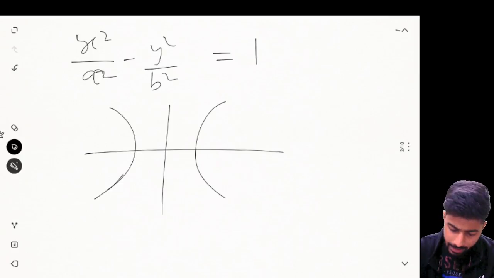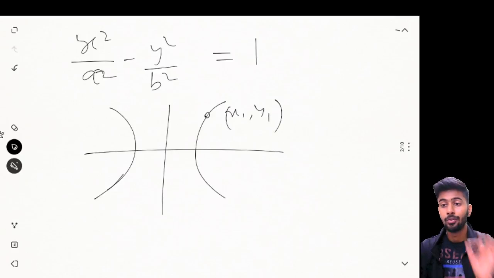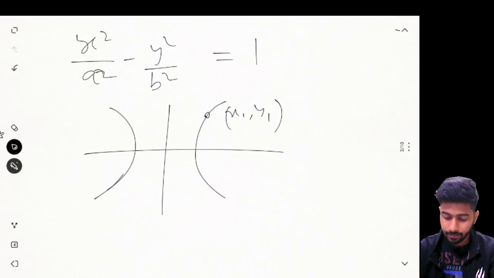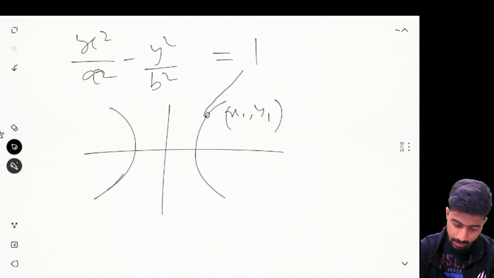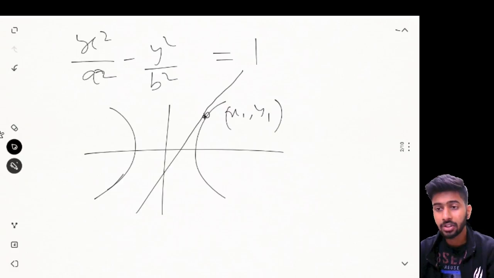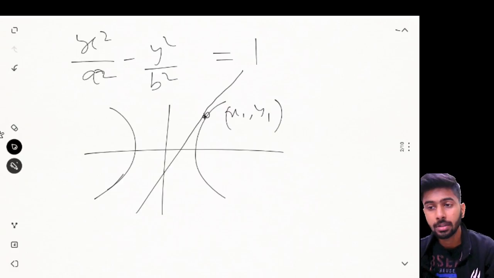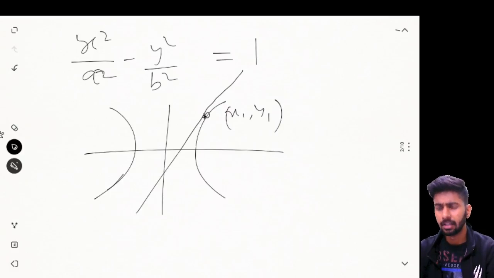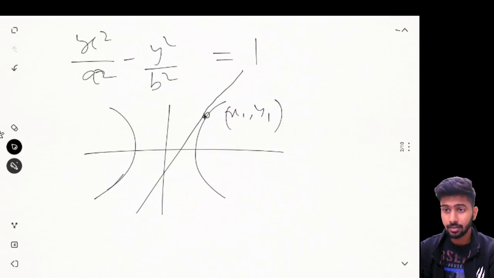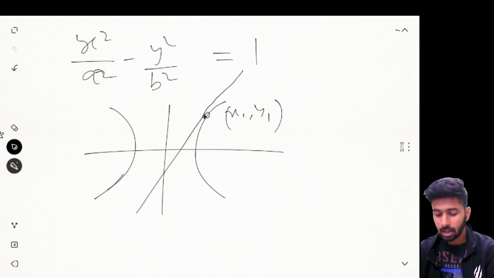If I take a point x1, y1 on this hyperbola, and if I want the tangent at this point, so tangent is a straight line which actually passes through this point. If I want the equation of this tangent, let's see what is supposed to be done. It's a pretty simple application of derivatives which we'll apply here, and then we'll actually figure out what the standard equation for a line to be a tangent to a hyperbola is.